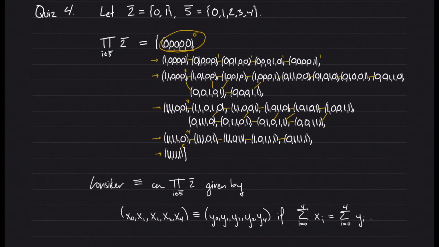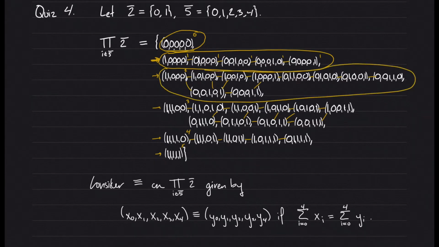And then if we look at this row, the second row here, these guys all make up their own equivalence class because they're all related to each other because they all have the same sum when we sum them up. And if we look at the third row, these guys are all related to each other because they all give the sum of 2.